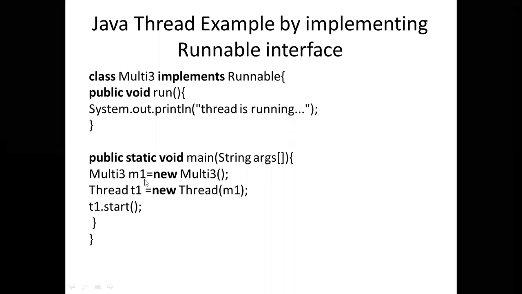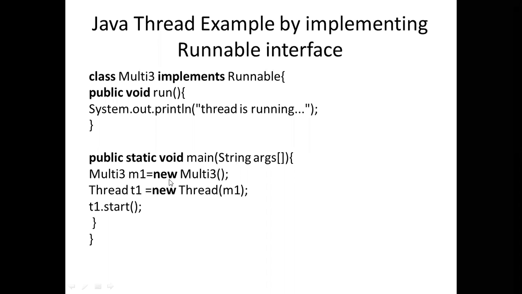Why so? Because this particular object is acting as a normal object only, because it is not the part of any thread class over here. So as we know that thread is an inbuilt class available in Java, we will directly create the object of this particular class, that is the thread class, and in this thread class we will pass this m1 as a parameter.